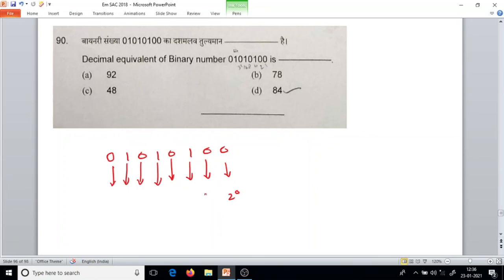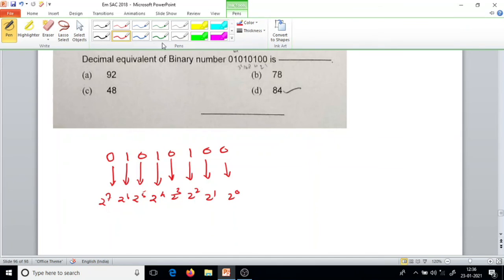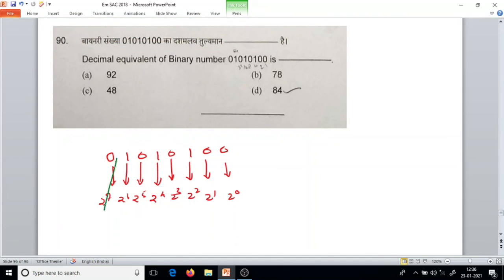This is 2 to the power 0, 2 to the power 1, 2 to the power 2, 2 to the power 3, 2 to the power 4, 2 to the power 5, 2 to the power 6, 2 to the power 7. All the zero values will get cancelled, so you have to worry about the ones only.